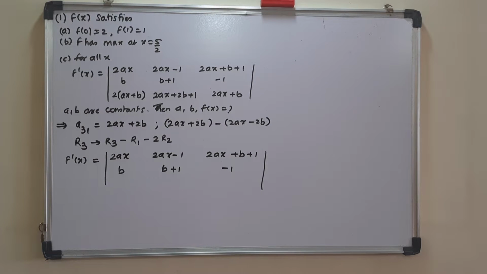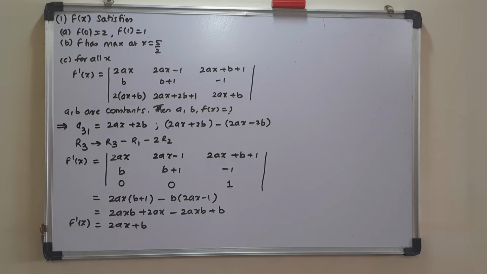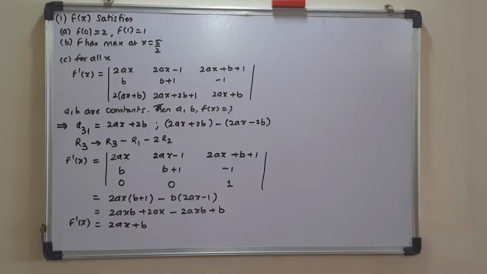So on solving, I will get it to be 0, 0 and 1. On expanding, since I got 2 zeros, I will be expanding directly from my third row. So on solving I get 2ax plus b. That is my f dash x, right?